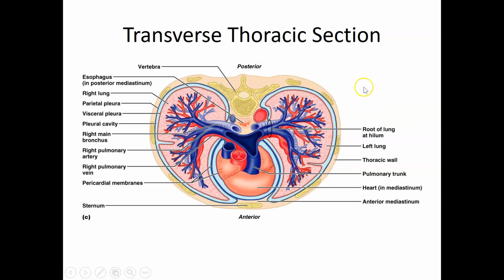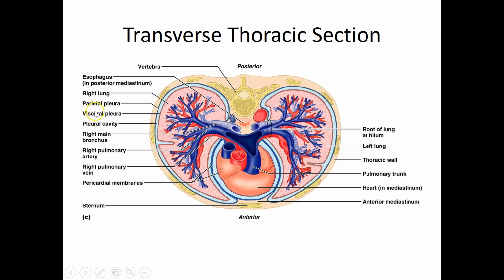The lungs are surrounded by the pleural membranes. Serous membranes always come in pairs. There's a visceral pleural membrane that coats the entire surface of the lung, and it conforms to all the indentations and the grooves on the lung surface. That's the red stripe shown on this slide.